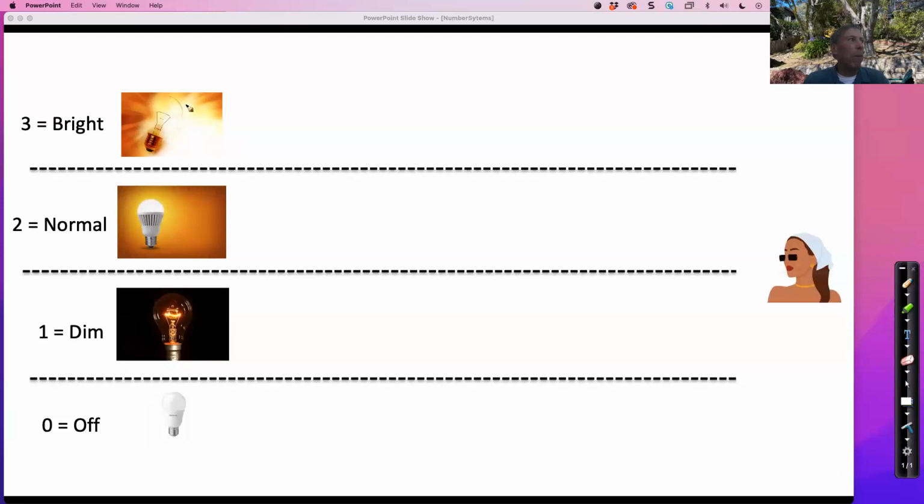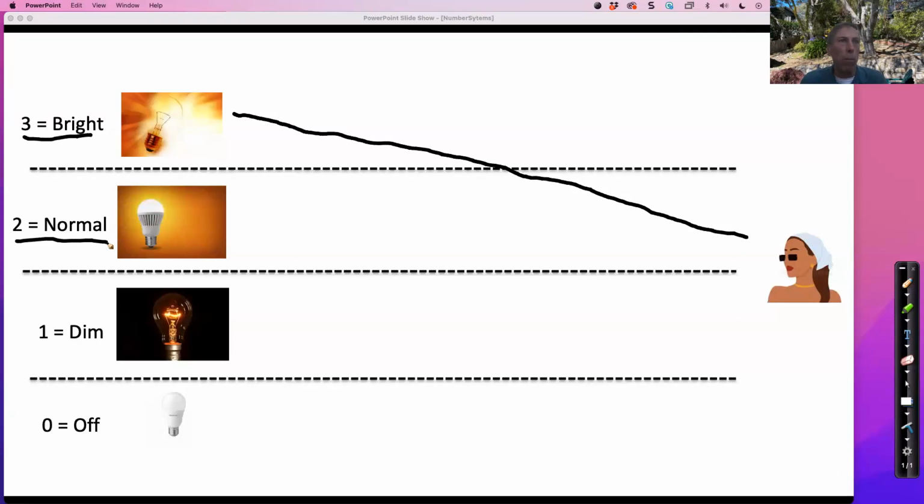Well, let's say we want to send somebody one of these 4, and we want to send them bright. So let's say it starts off bright, but as it travels, it attenuates. Laws of physics there. Okay, the signal weakens. So by the time it actually reaches the person, we meant it as 3 bright, and they're seeing it as 2 normal.